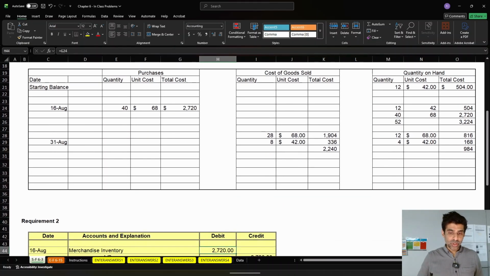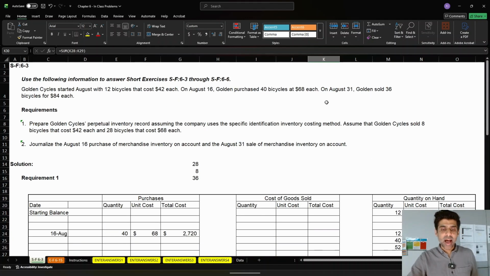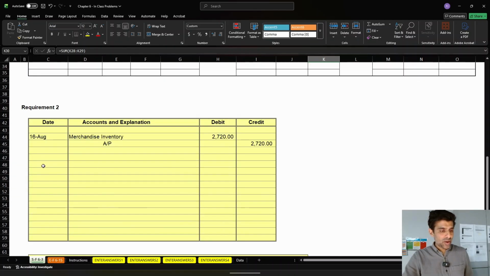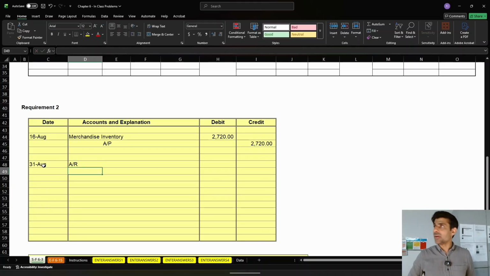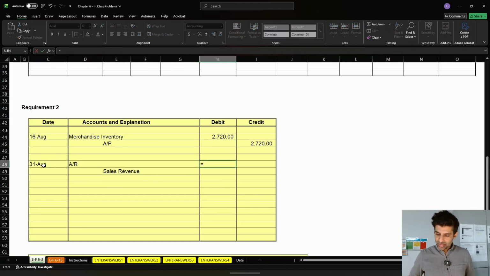Now let's do the journal entry. We have the cost of goods sold here, and it's also telling us how much we sold them for. We sold them for $84 each. Every sales transaction has 2 journal entries. Let's do the revenue first. It says they were sold on account, so accounts receivable and sales revenue. It was 36 units, and we sold them for $84 each.